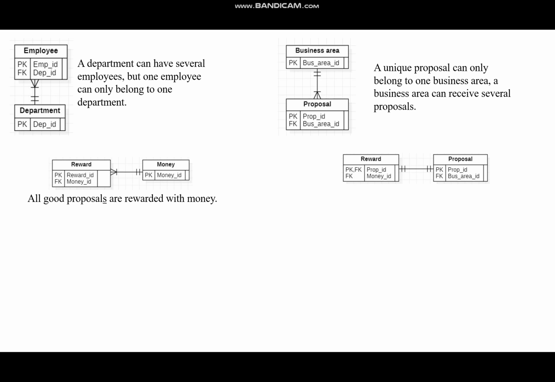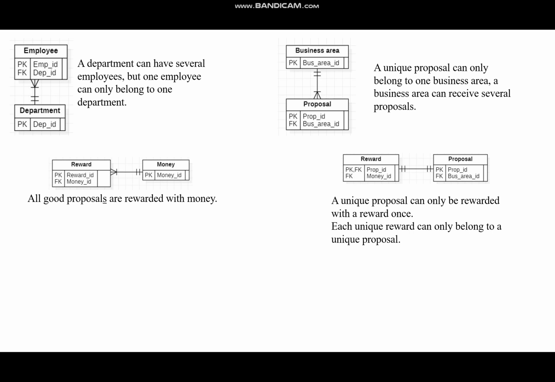If we look at the relationship between reward and proposal, a unique proposal can only be rewarded with a reward once. Each reward can only belong to a unique proposal. In order to represent this relationship, I've used a one-to-one relationship.